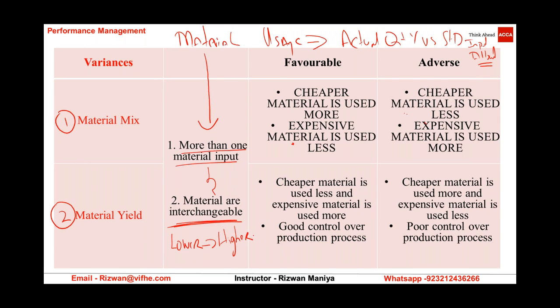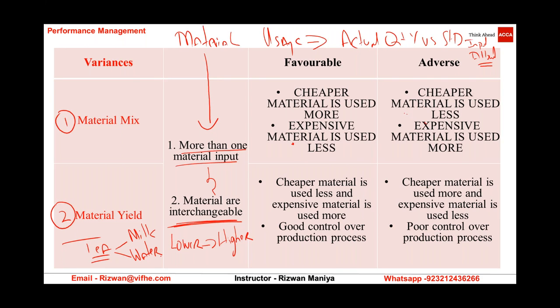For example, you plan to make tea, and in tea you intend to use milk as well as water. So milk and water are two ingredients that you will be using in making tea. Now the question is: are milk and water more than one material input?